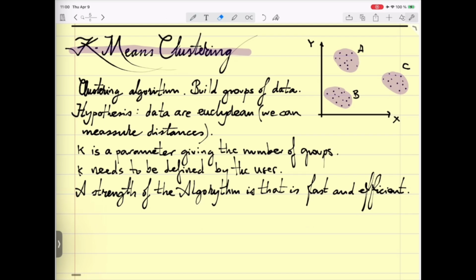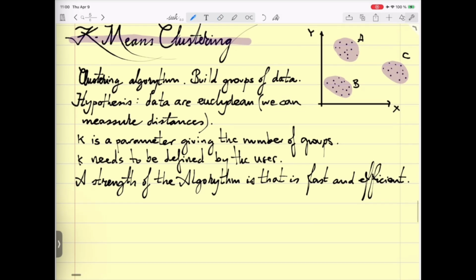Okay, so the algorithm goes like this. This is the k-means clustering algorithm, step by step.